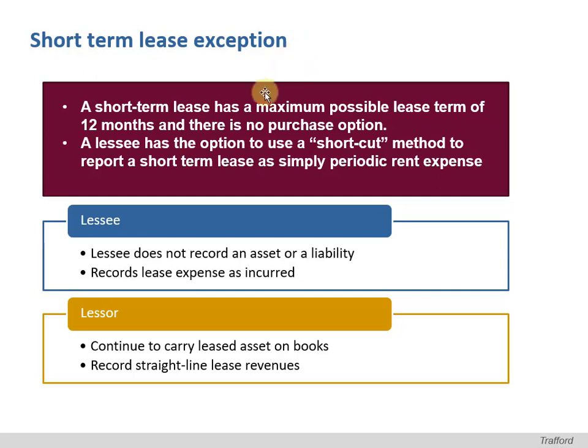So if a lease is less than 12 months and there's no purchase option with that lease, a lessee can use a shortcut method and simply report the payments as their periodic lease expense, and they do not have to compute a right-of-use asset and a lease liability to put on their balance sheet. So a very, very limited exception to the leasing rules that we just discussed.